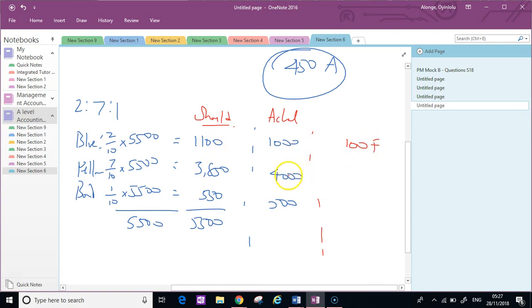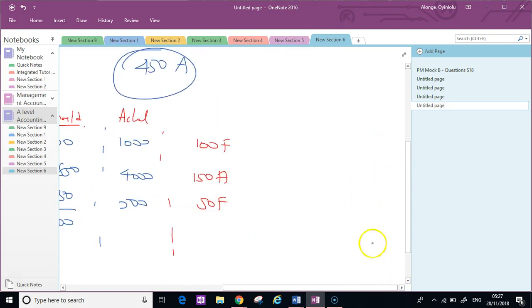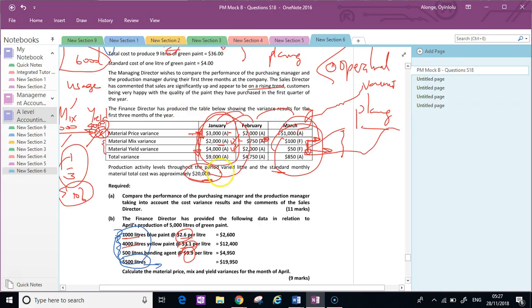You used more than you should have here, and that's about 150 adverse. And you used less than you should have, so you did 50 less than you should have. That's favorable, I guess, because you used less bonding agent than you should. So again, we literally multiply these by the price per liter. We're using the standards, of course, up here, right?